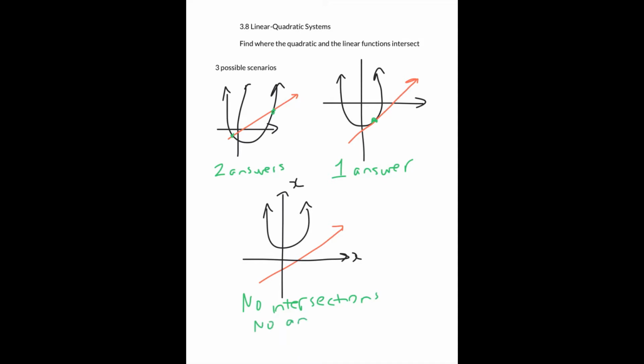Okay, so just like when we had different options for our x-intercepts, we have the same scenario happening here, only instead of worrying about where the quadratic intersects the x-axis, we're worried about where it intersects some other linear function that we've given it.